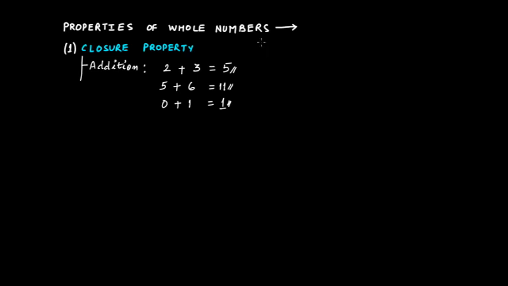This is a set of whole numbers, that is a collection of whole numbers, and if you add any two, or not only two, say if you add 3 numbers or 4 numbers or 5 numbers and so on, if you keep on adding whole numbers, then the resultant number, the answer that you will get, will also be a whole number, and that is what a closure property is.